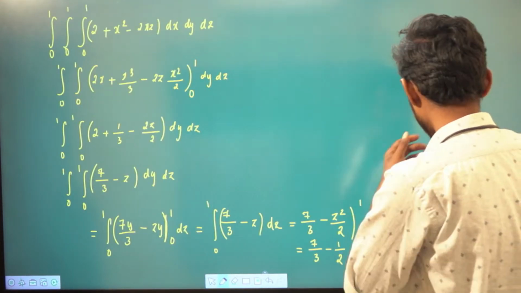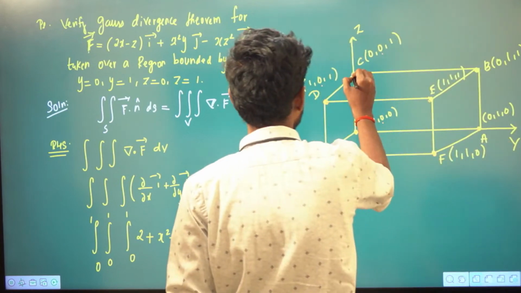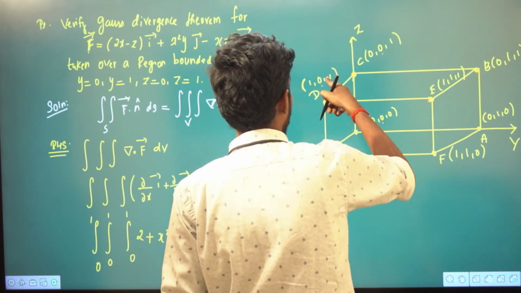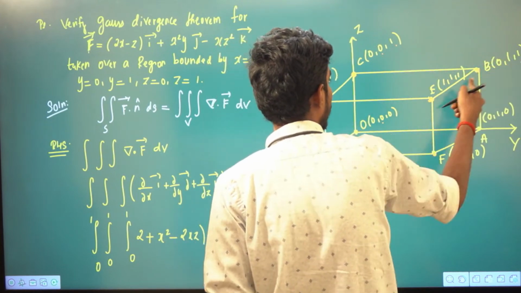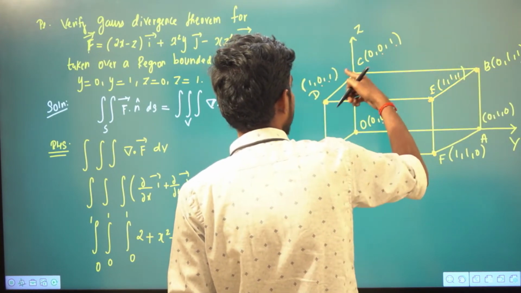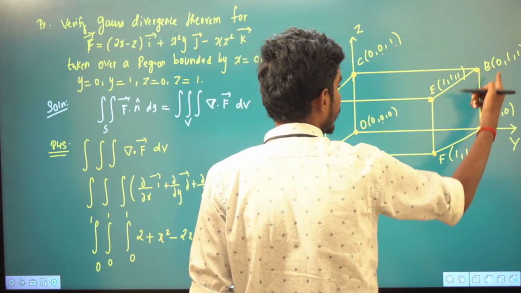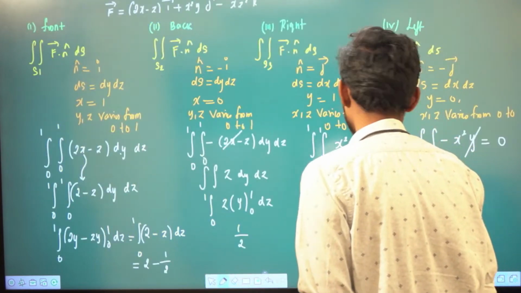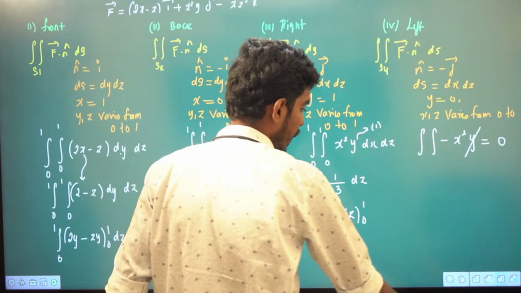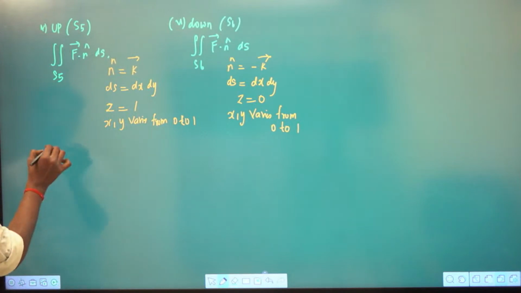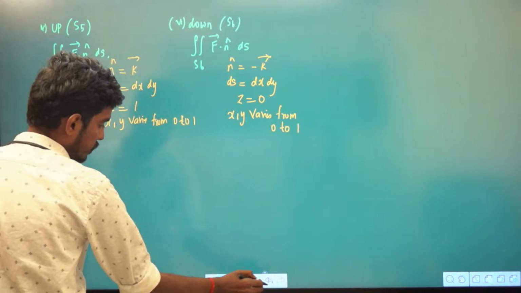So your n cap will be k, and you can see this is your up. Z is fixed, and you can see x varies from 0 to 1, y varies from 0 to 1. That is what I have written here. Whichever coordinate is fixed, you write that as fixed. The other you see vary.